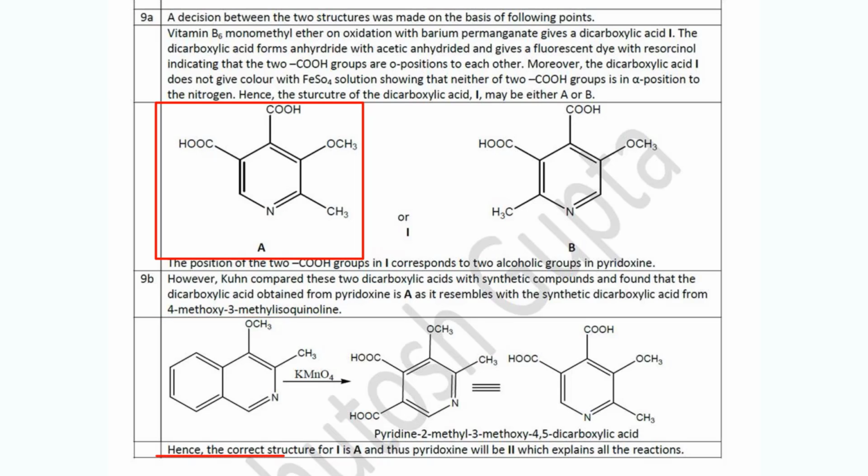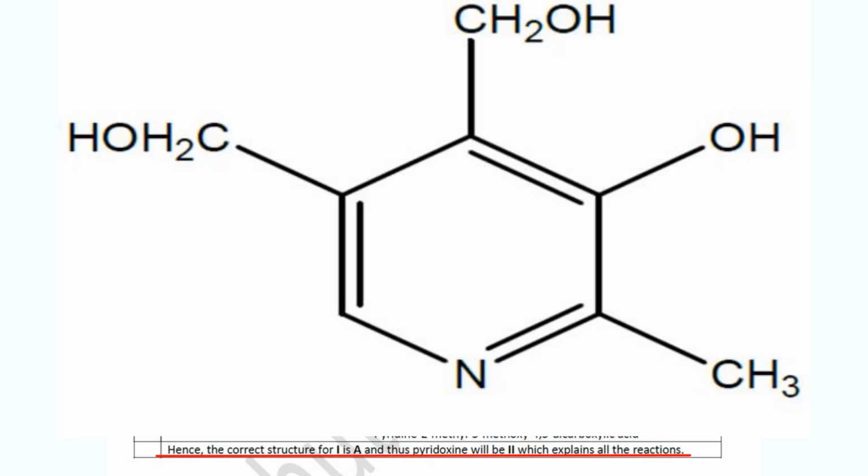Hence the correct structure for the acid is A, and thus pyridoxine will be the second structure, which explains all the reactions.